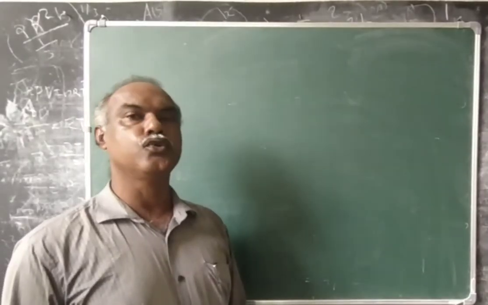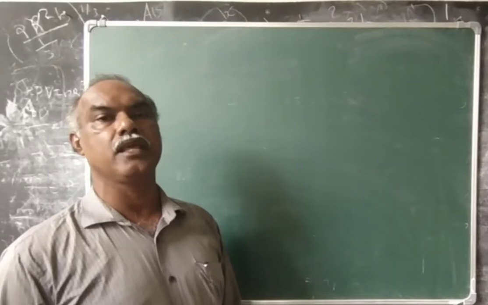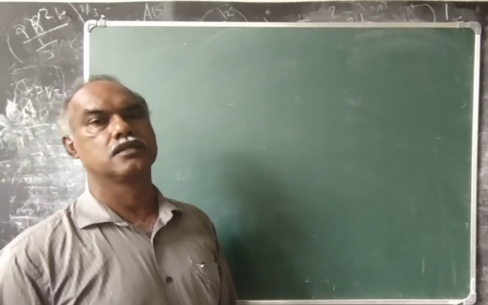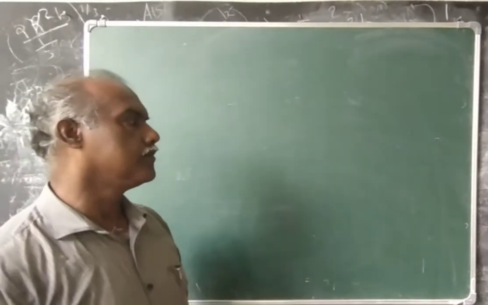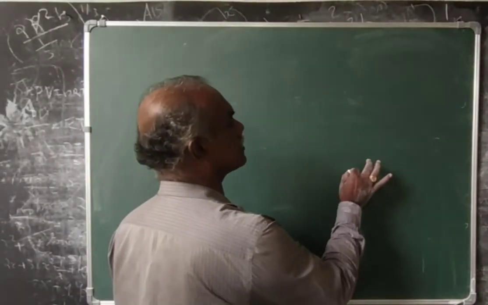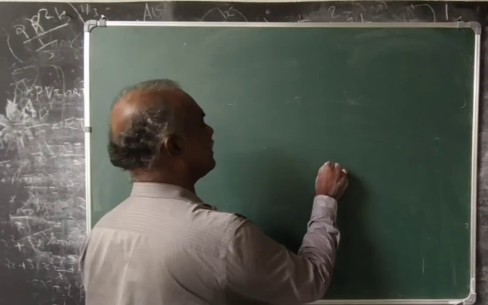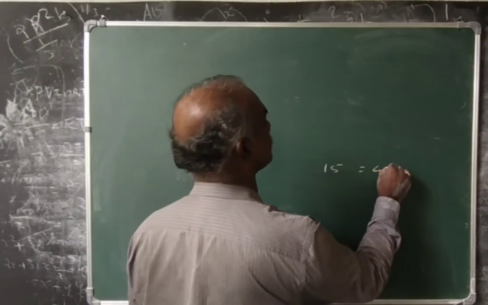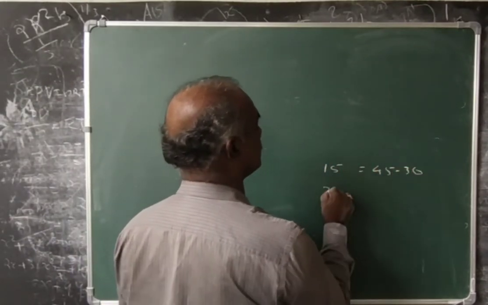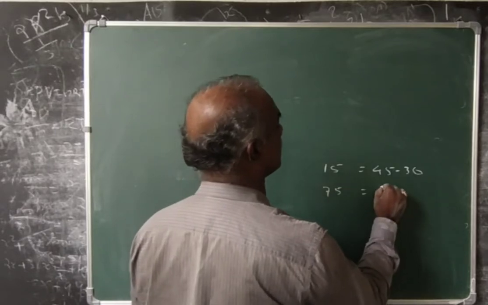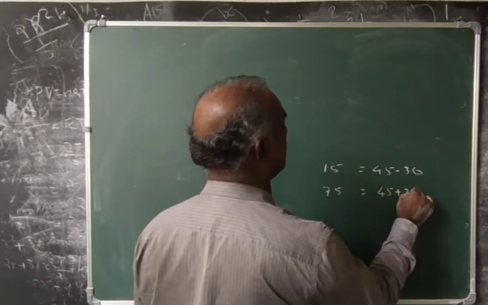So this is the use of reduction formulae in solving problems. Also, we have to use the ratios of sum and difference of angles. If 15 is given, we take this as 45 minus 30. If 75 is given, we take it as 45 plus 30.